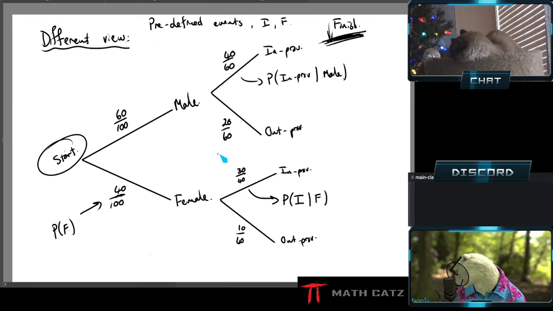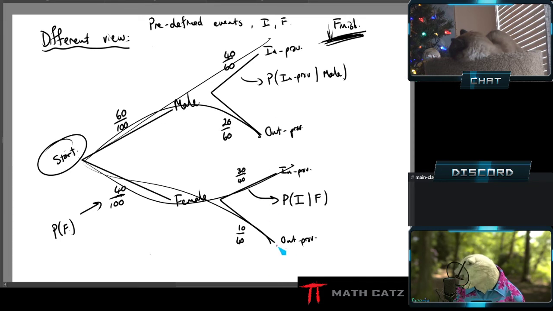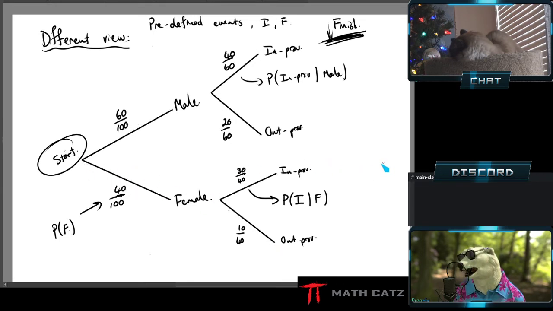I need to ask, out of the paths here, top one, I have this one, I have the bottom first one, and I have 4 paths. Which ones produce a female result? It's the bottom 2, right? It's this one and this one. Because I don't care about in province or out of province, as long as I take the female path. Female with in province, female with out of province is okay.